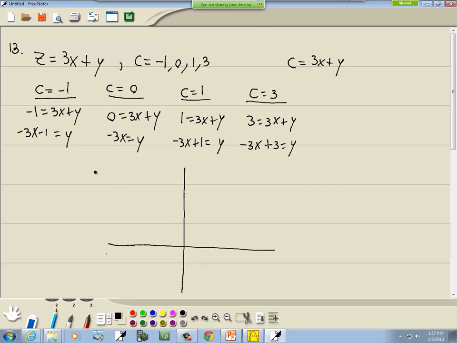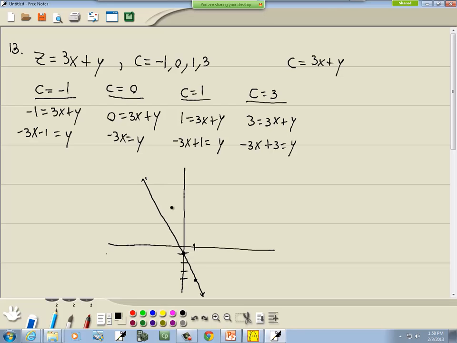Okay, so this is -1. And let's see, 1, 2, 3, 1. Wish this tool had a straight line tool. That'd be that one.